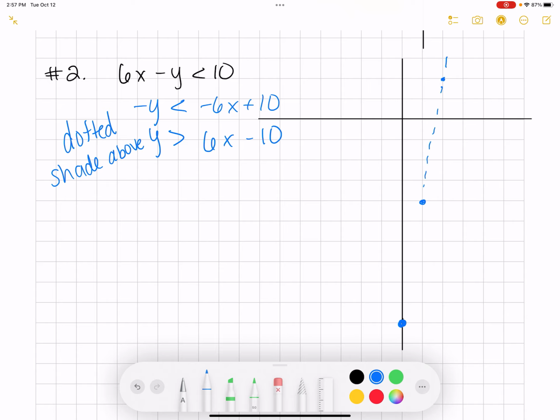So as you make your line, if it's greater than, you shade above. If it's less than, you shade below. So in this case, it's shade above. So I'm going to shade, and it's where the y values are above the line. So I'm going to shade all over here.